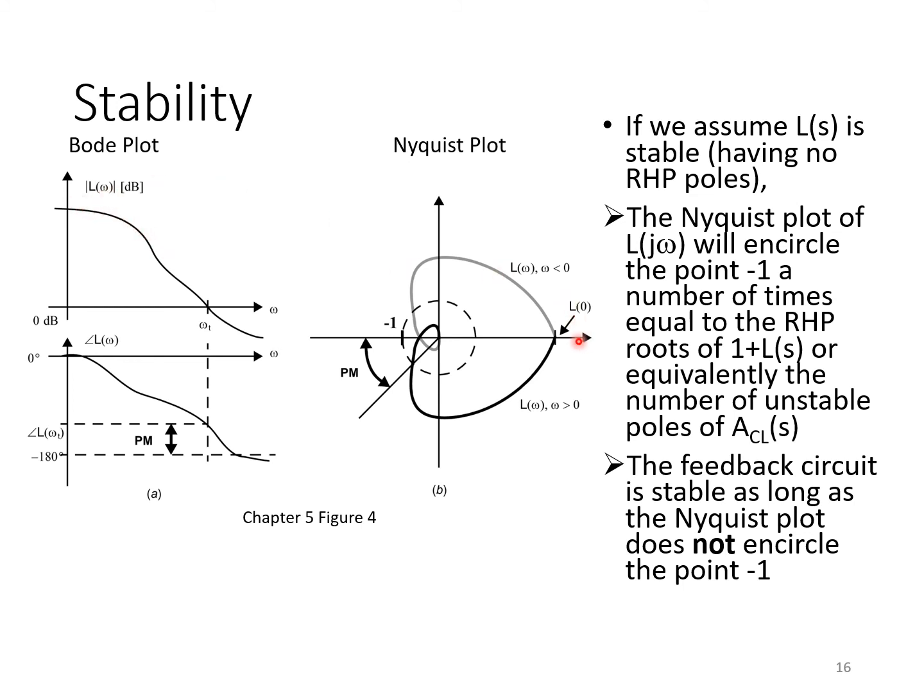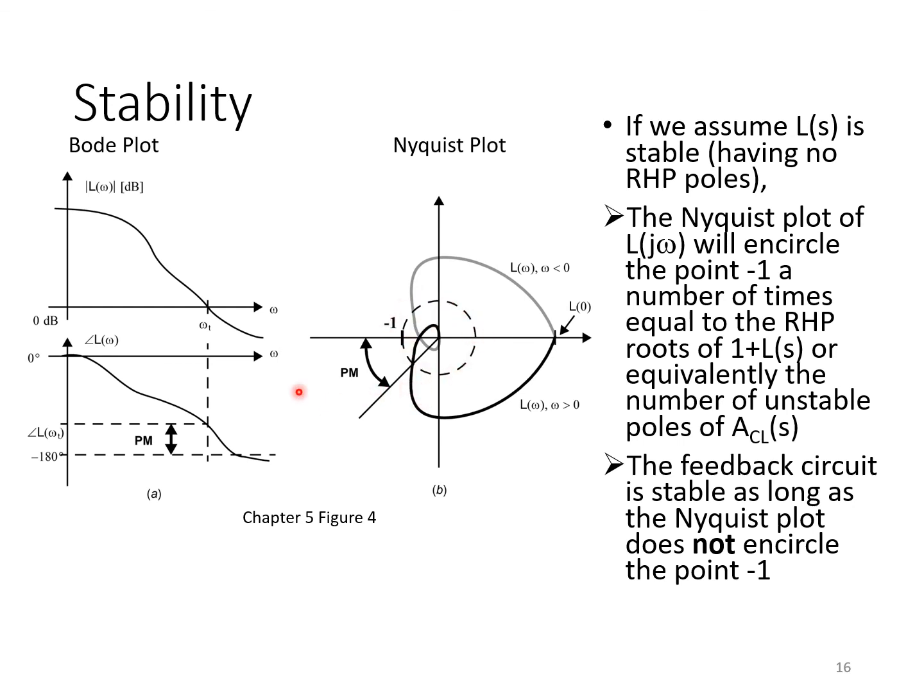So in a case like that, the stability criterion is that this polar plot, the so-called Nyquist plot of the frequency response of L, shall not encircle the point -1 in the complex plane. Shown on this plot here, the phase margin is really the point at which the Nyquist plot crosses over inside of this unit circle.